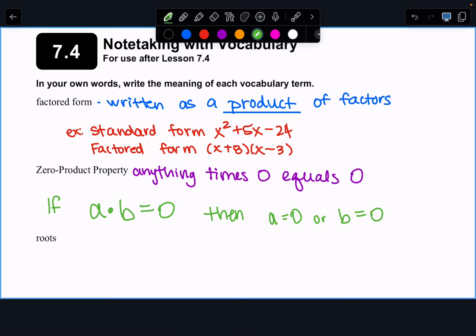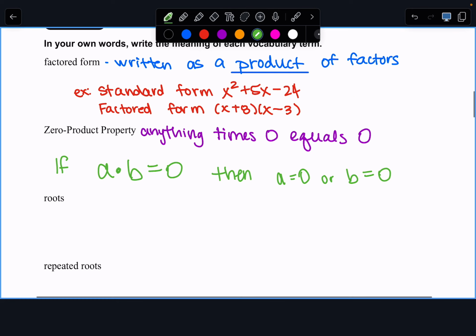There's no other option. We are going to use the zero product property with a factored form of our polynomial to find roots.